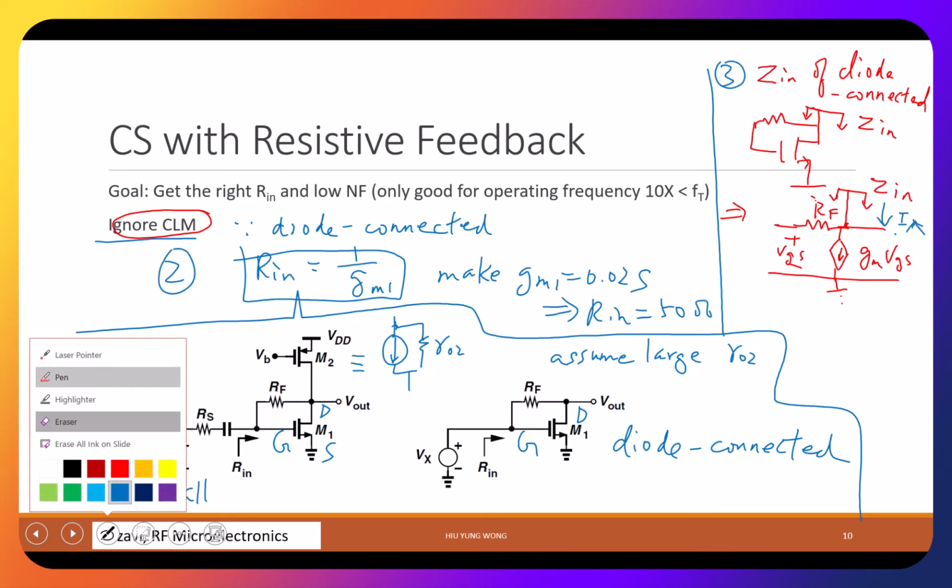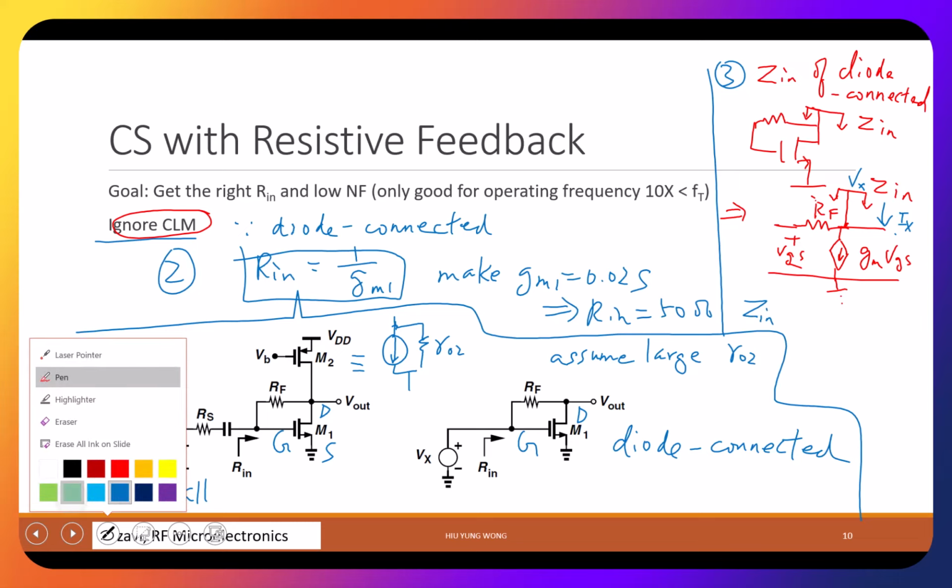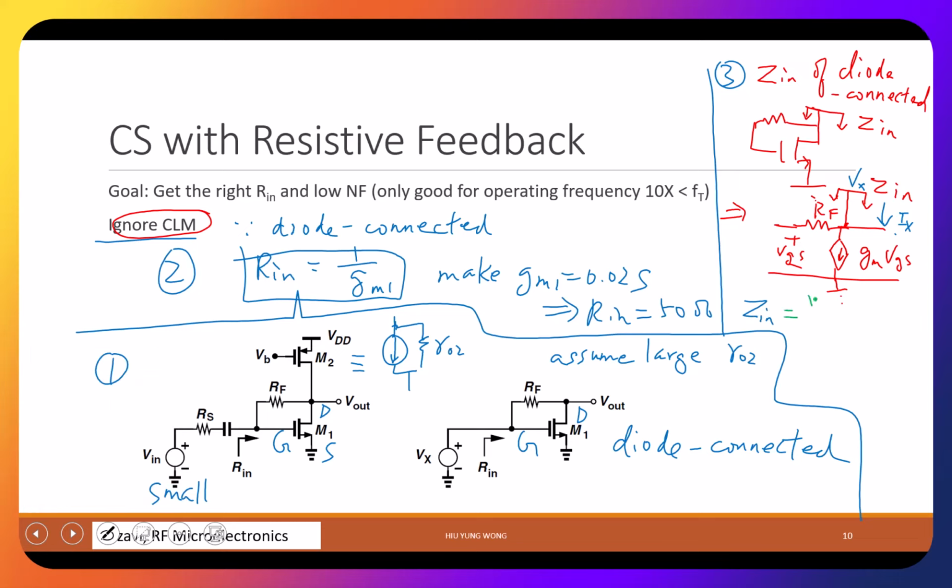What is Ix at this point? And what is Vx? So the Zin, let me use green, equals Vx divided by Ix.